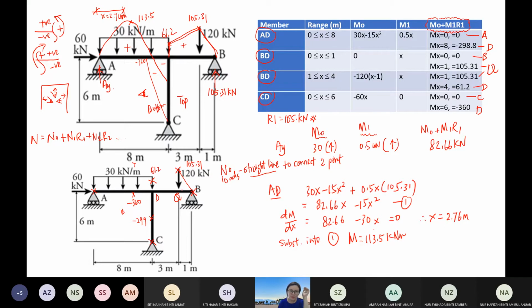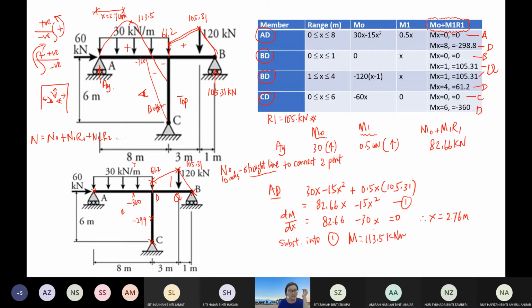Then you go to QD. QD also has no loads acting on it, so you can also join these two points with a straight line. This is how you complete the bending moment diagram for BD.